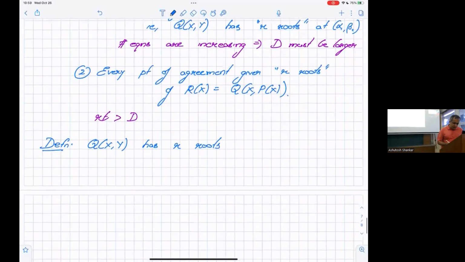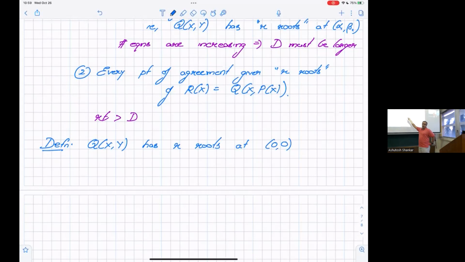Let's say Q of xy has R roots, but let's say at the point 0, 0. What does it mean? It has one root at 0, 0, which means the constant term is zero.